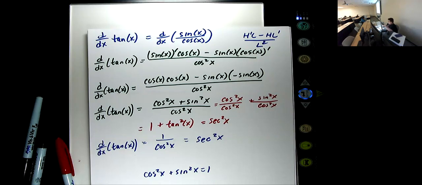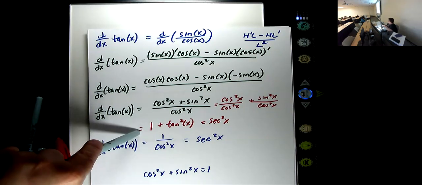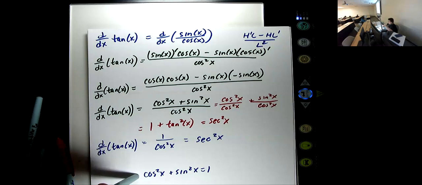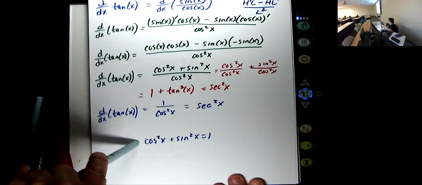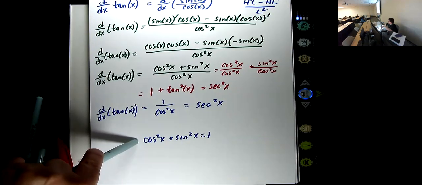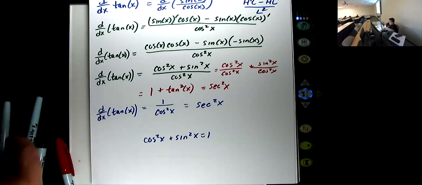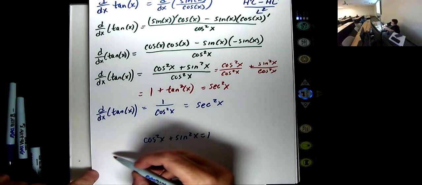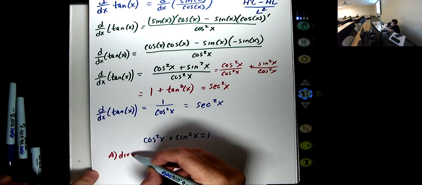Now, the 1 plus tangent squared x is a pain in the butt to remember. And be honest, I don't remember it. This is the only one I remember. So if you're gonna memorize a trig function that has squares in it, memorize this one because you can derive the other two from it. Option 1 is divide by cosine squared.